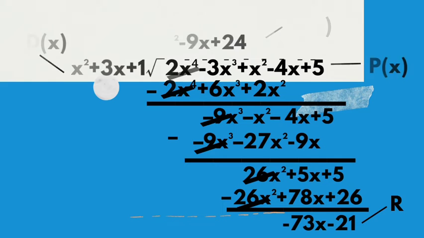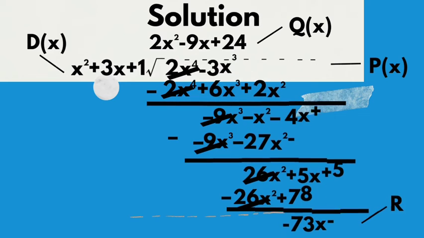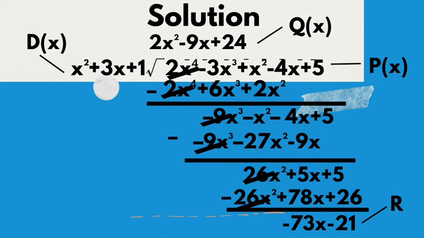Then 2x squared multiplied by x squared gives us minus 2x raised to power 4. 2x squared multiplied by 3x gives us plus 6x cubed, plus 2x squared multiplied by plus 1 gives us 2x raised to power 2.